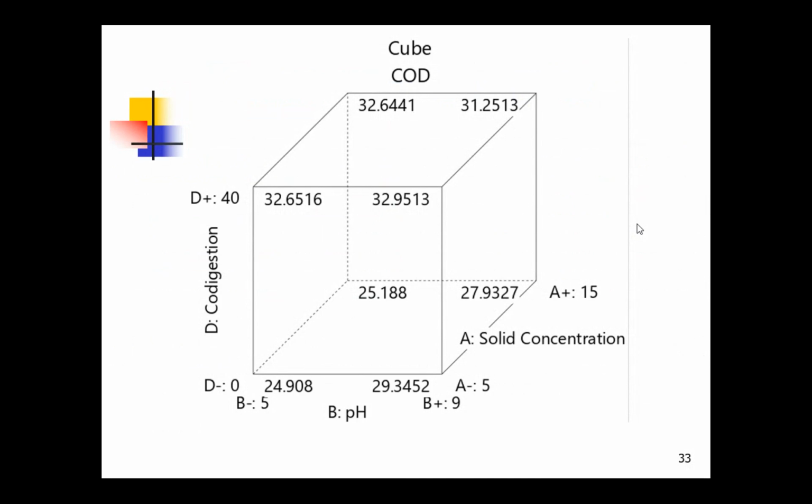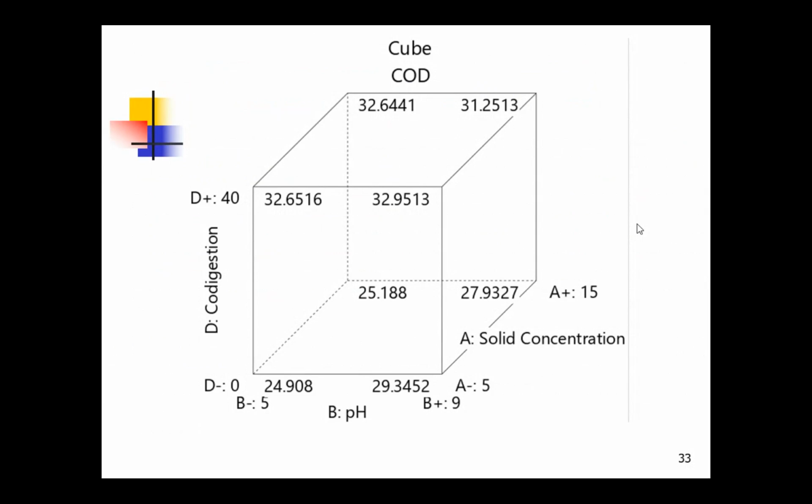So in the front surface, the x-axis is pH and the y-axis is co-digestion. The pH varies between 5 to 9, and on the right side view we can see the solid concentration that varies between 5 to 15, whereas the co-digestion increases from 0 to 40%.